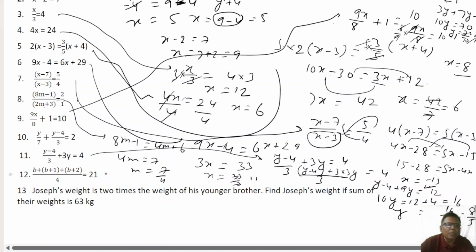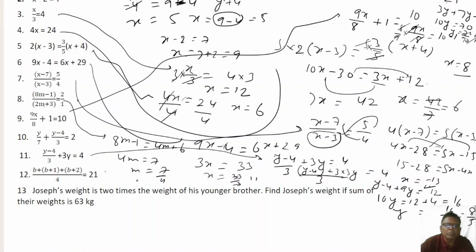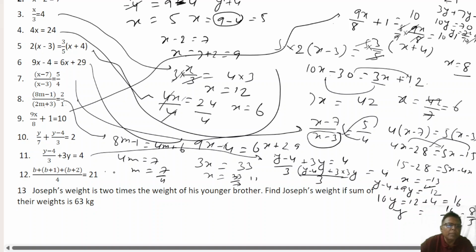So now come to the last question. You just open the bracket. Then it will be 3b plus 3, equal to 4, and that is 21.